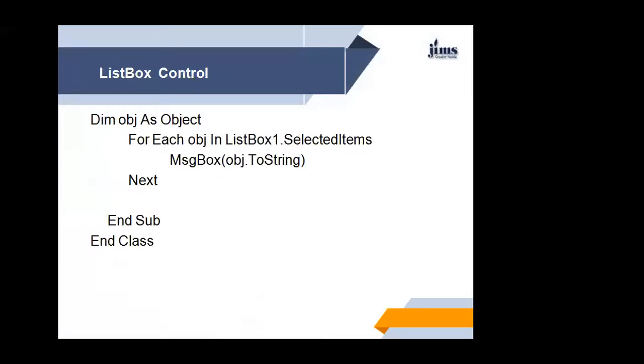Now you will write Dim obj As Object, For Each obj In ListBox1.SelectedItems, MessageBox.Show(obj.ToString). Whatever item is selected will be converted into string format and will appear in a message. Then End Sub and End Class. In this way you can create a list box and select single or multiple items.